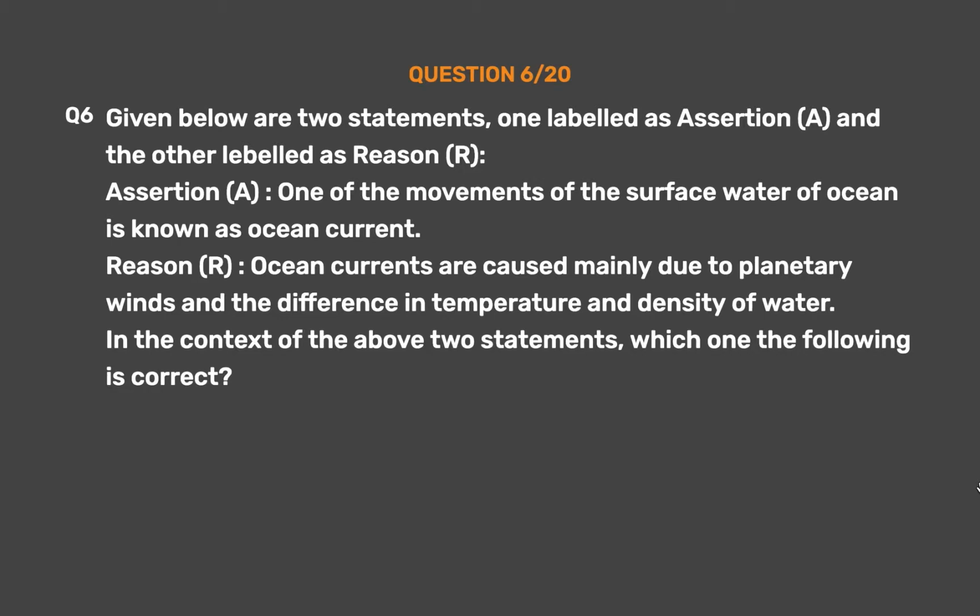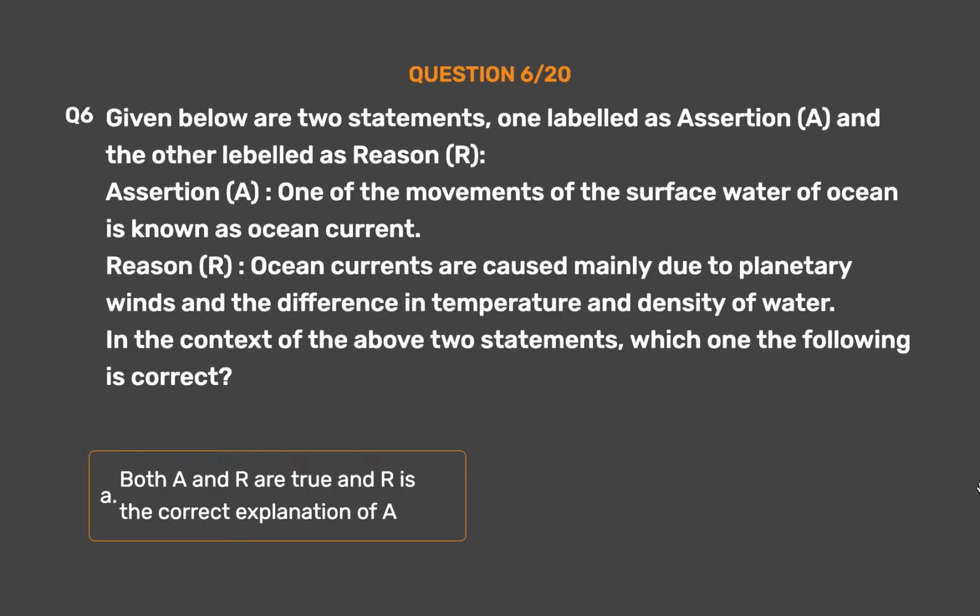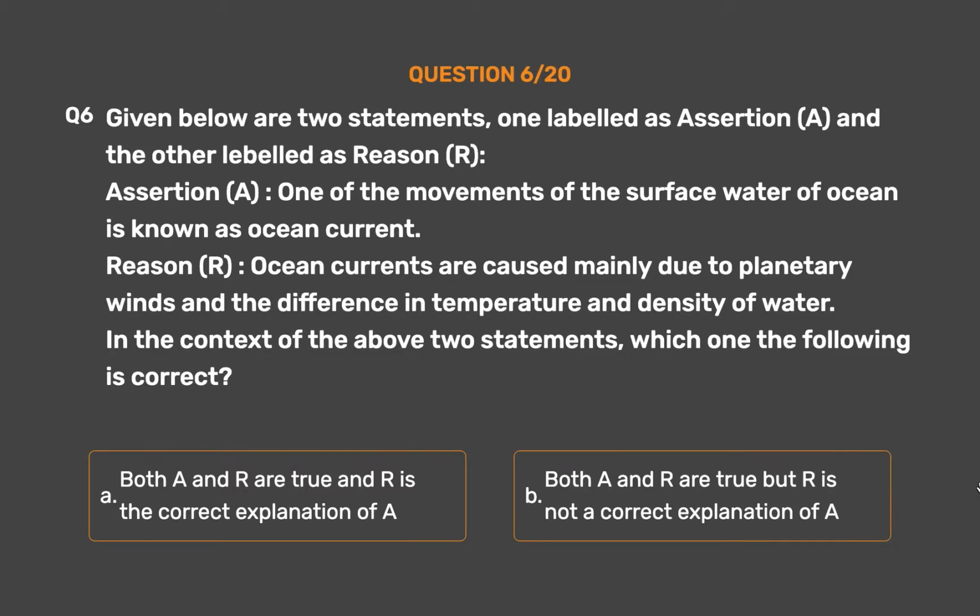In the context of the above 2 statements, which one of the following is correct? Option A. Both A and R are true and R is the correct explanation of A. Option B. Both A and R are true but R is not a correct explanation of A. Option C. A is true but R is false. Option D. A is false but R is true.